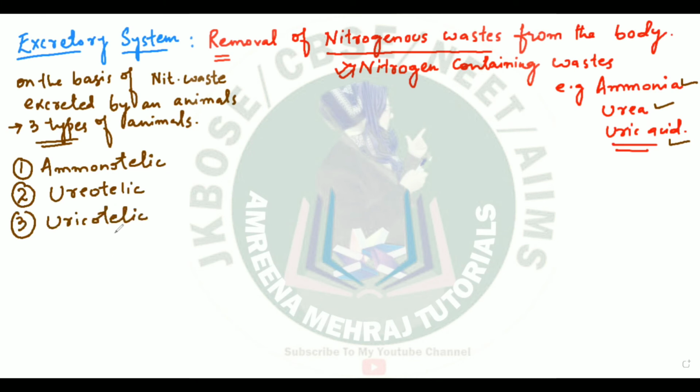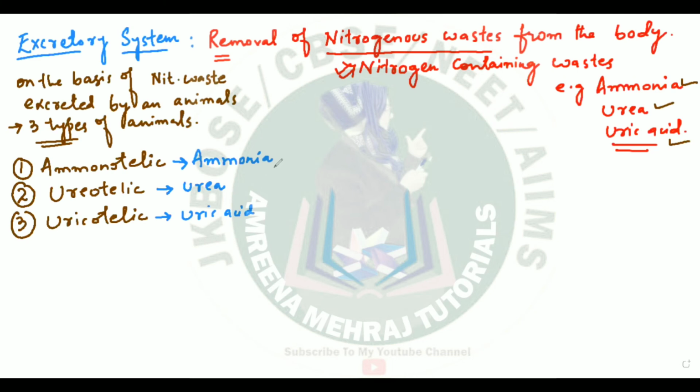So animals are of three types, but these animals differ from each other based on the waste they produce. Ammonotelic animals release ammonia as their nitrogenous waste. In ureotelic organisms the waste product is urea, and in uricotelic the waste product is uric acid.